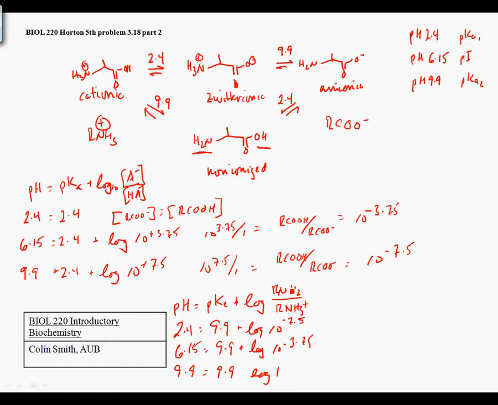So that means this ratio, the ratio of the group of interest, the neutral amine, relative to the ammonium group, is going to be 10 to the negative 7.5 to 1.